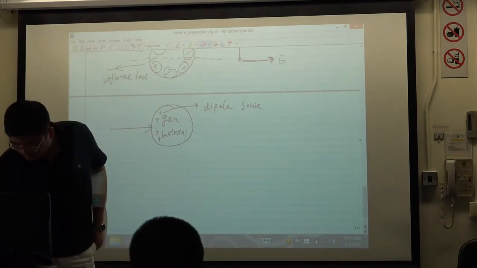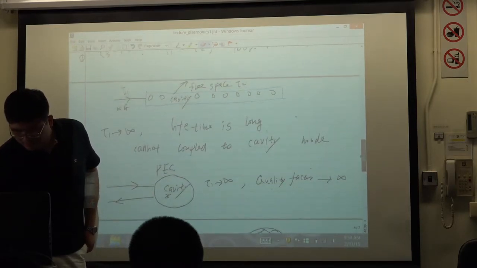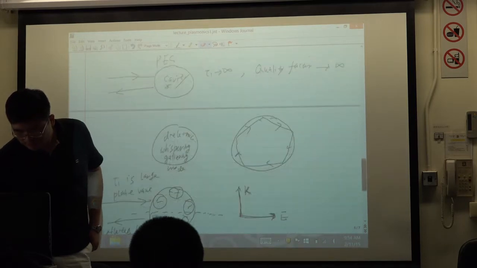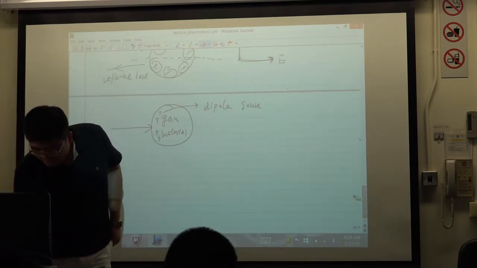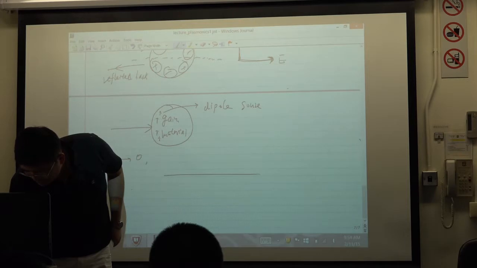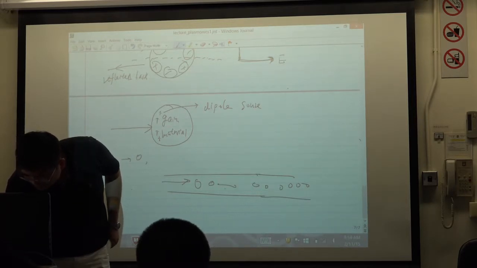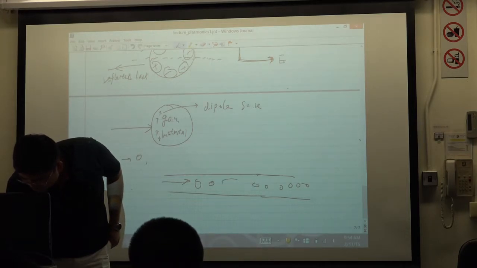This is the first situation where tau 1 goes to infinity. Tau 1 goes to infinity, the lifetime is too long, they cannot couple. Another situation, tau 1 too short. The tau 1 goes to 0. The wave is easy to couple to the waveguide, but they just go one round and go out.